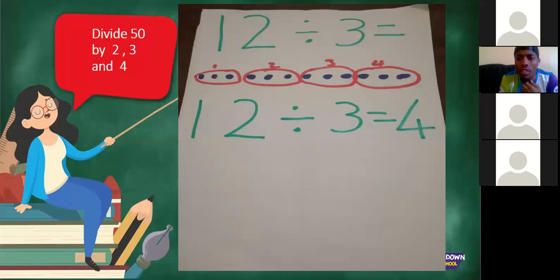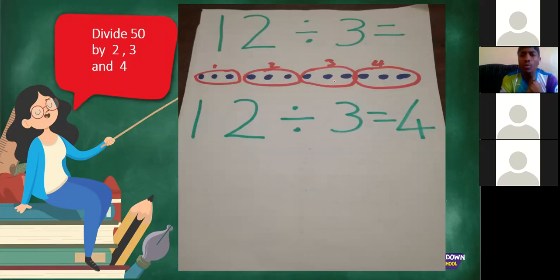Then we said divided by 3. So 1, 2, 3, first group. 4, 5, 6, second group. 7, 8, 9, third group. Then 10, 11, 12.